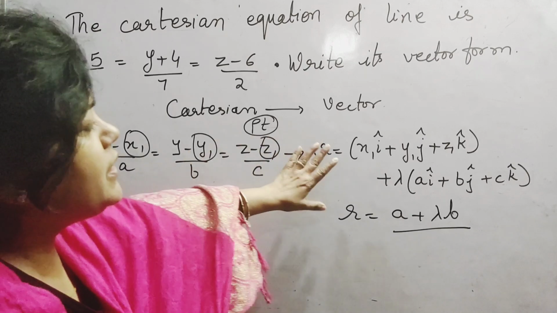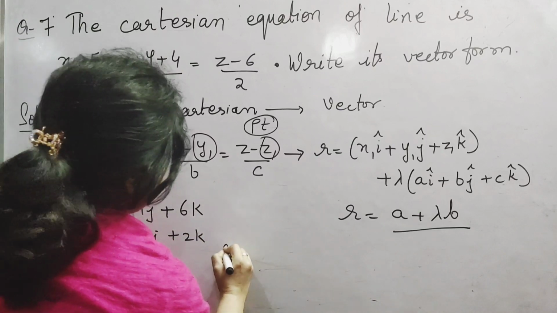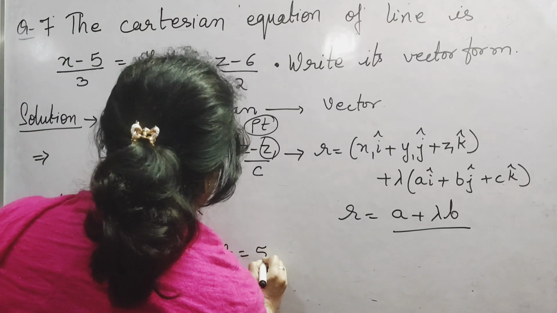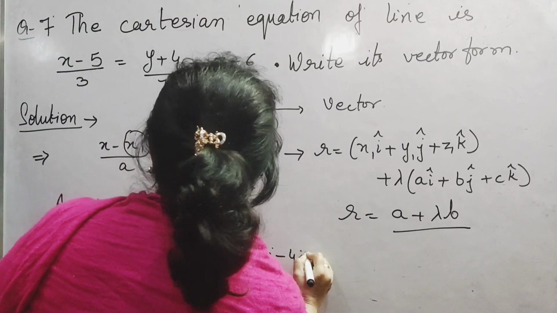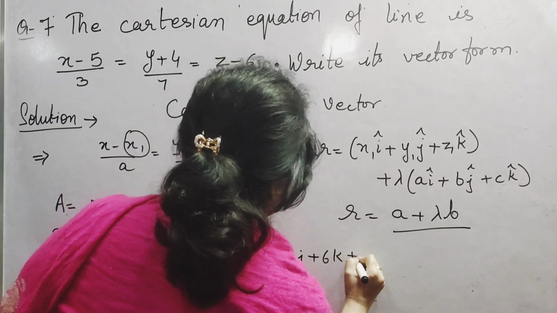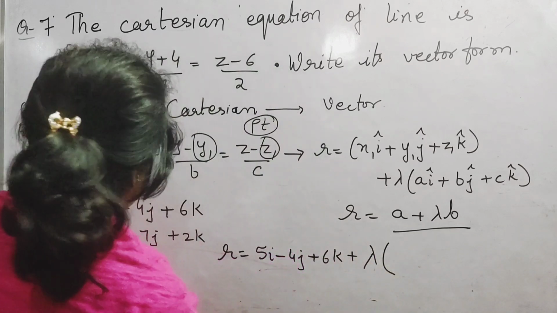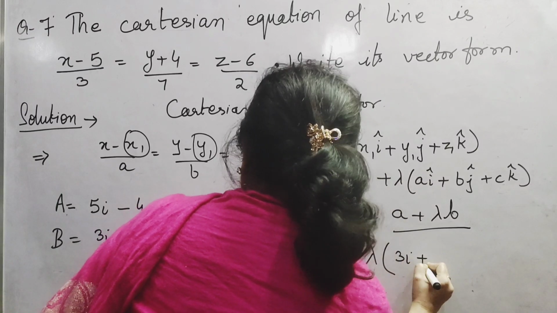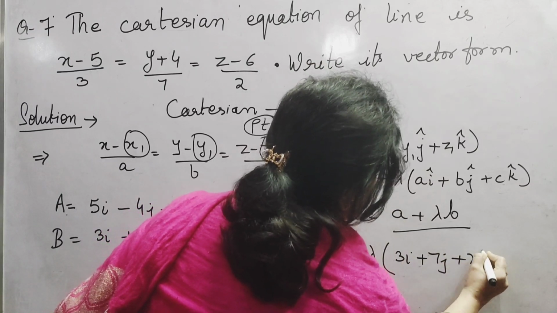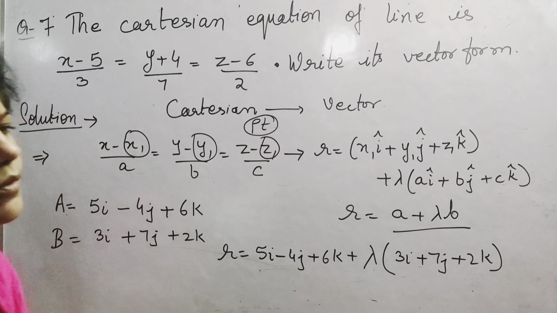Now we substitute in the vector equation and we easily get the vector equation for this line: 5i minus 4j plus 6k plus lambda (3i plus 7j plus 2k). So this is the required answer.